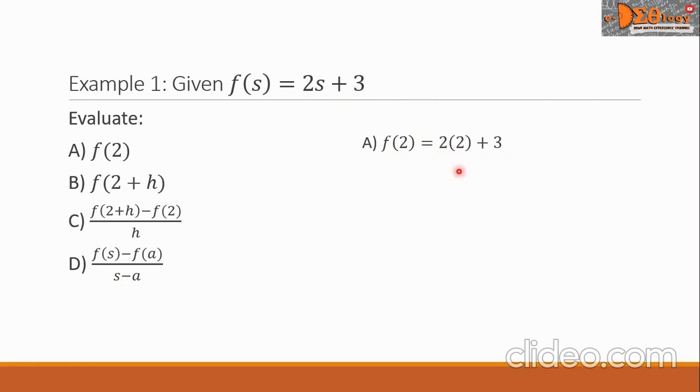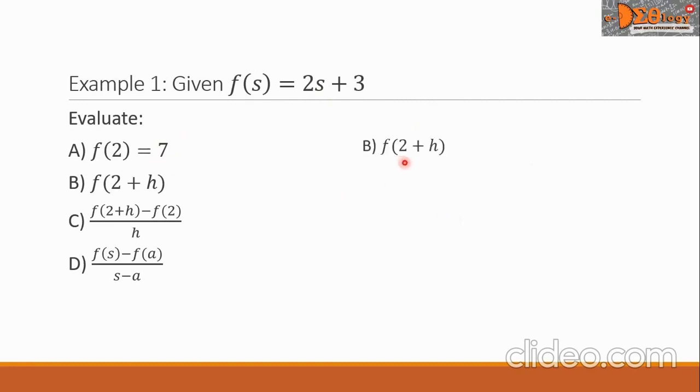Let us simplify further. 2 multiplied by 2 will be 4 plus 3, and 4 plus 3 equals 7. Therefore, f of 2 equals 7. So we will write the answer here. Then we will proceed with letter B.